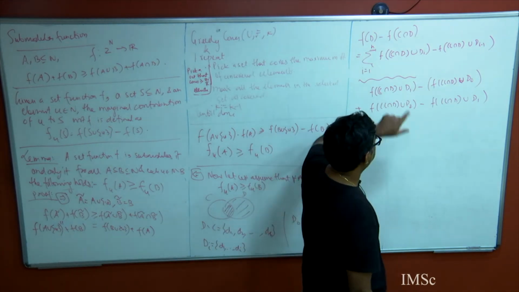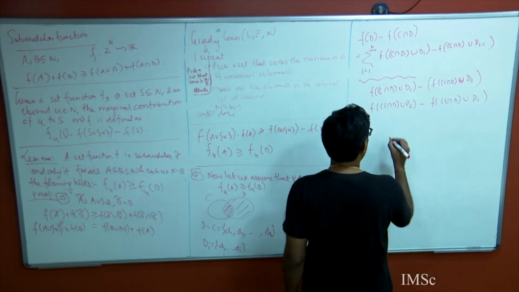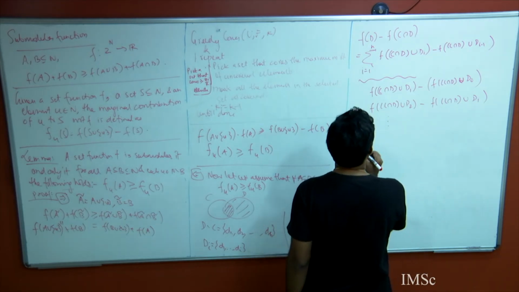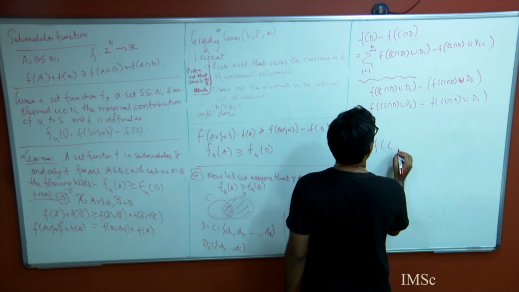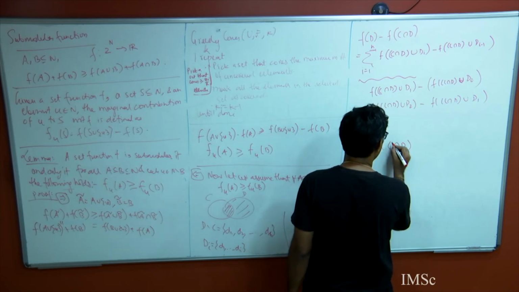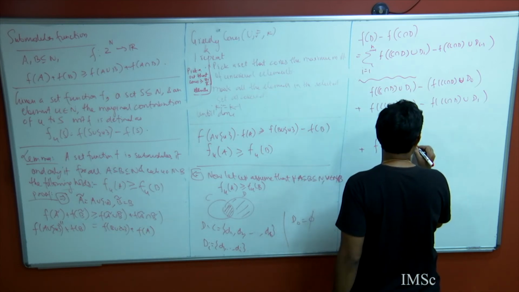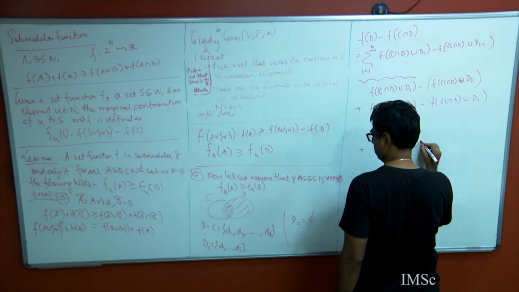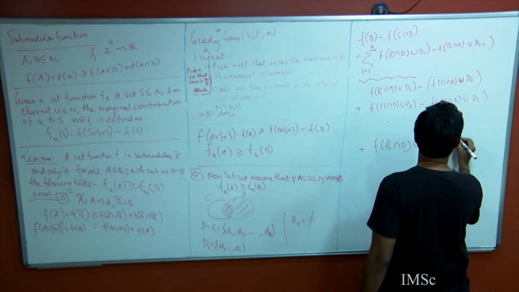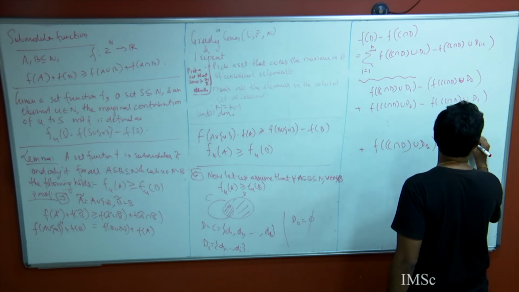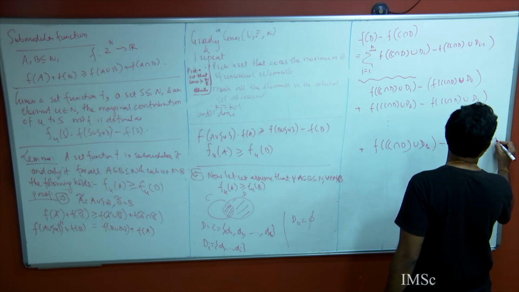So this and this will get cancelled. Now what will be the last term? f of C intersection D union Dh minus f of C intersection D union Dh minus 1.